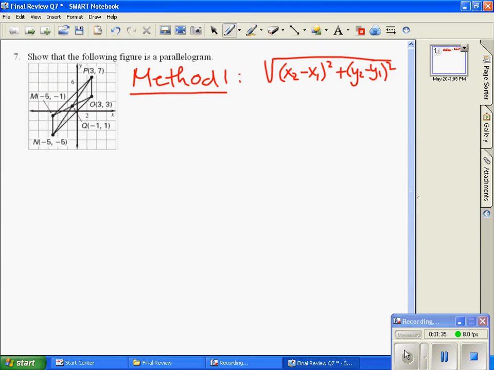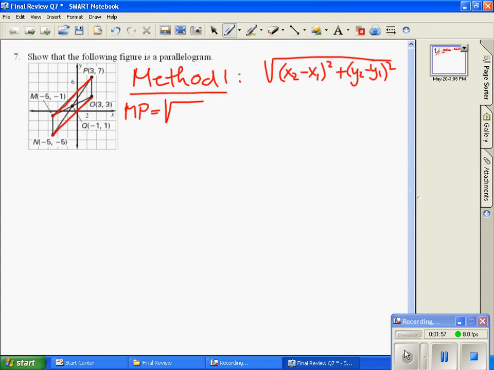So let's take side MP and NO. Okay, MP first. So again, remember, it doesn't matter what you call x1 and y1, you just want to stay consistent.